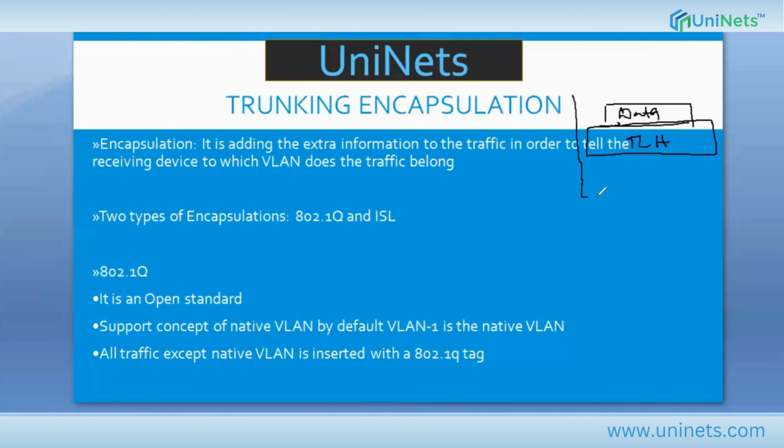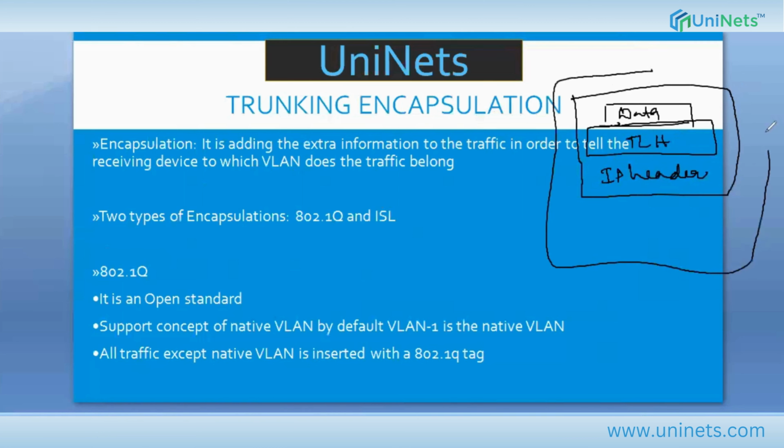Upon this, I have the IP header encapsulation, and then the Ethernet header, right? 802.1q will be in between here, between the Ethernet and IP header. This is the 802.1q tag.